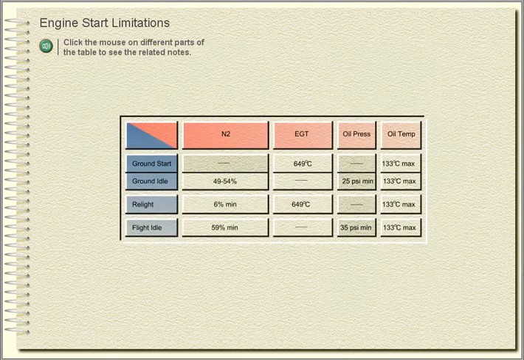An engine start cycle may be continued providing N2 reaches 20% before the total starter operating time is exceeded. Each engine motoring cycle must not exceed 20 seconds duration. Engine start limitations.